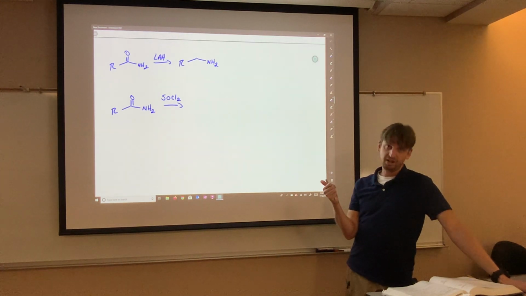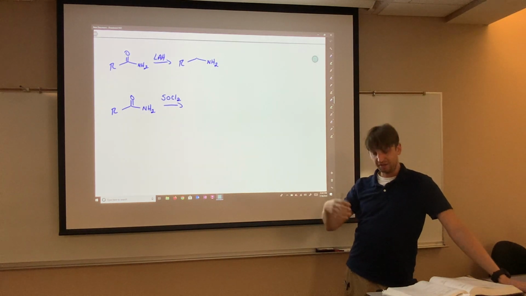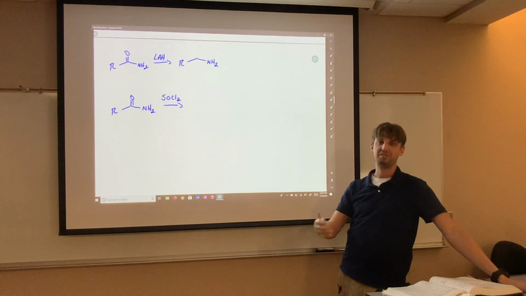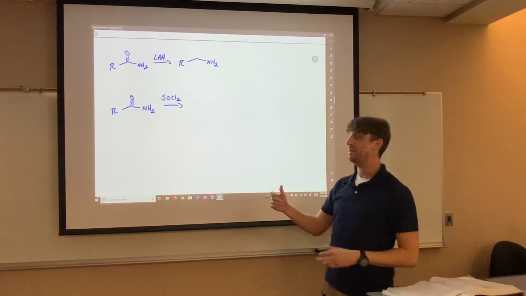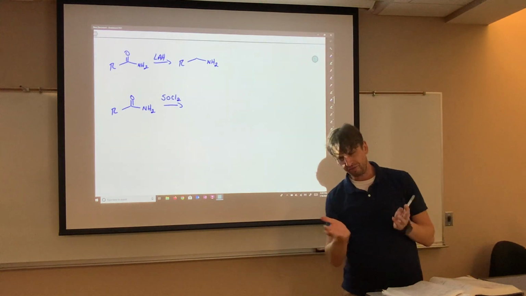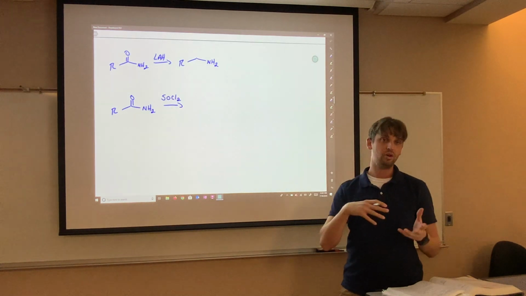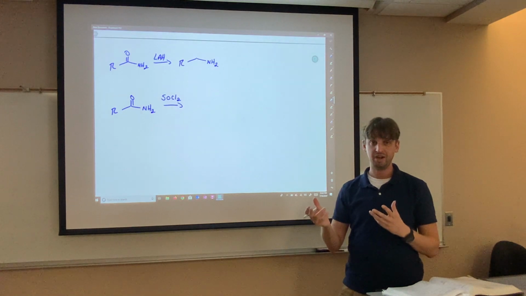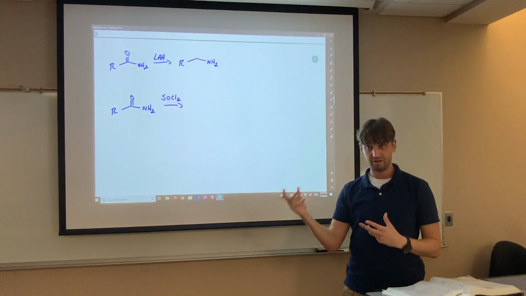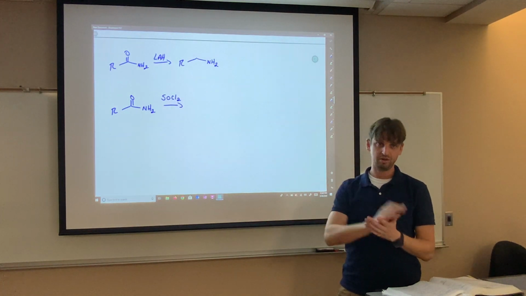The first time we ran into thionyl chloride is back in Organic 1, when life was easier and less stressful. Peaceful times, right? But we learned about it first there when we could take thionyl chloride in the presence of an alcohol, and it would turn it into a halogen. With thionyl chloride, it would turn it into a chloride.